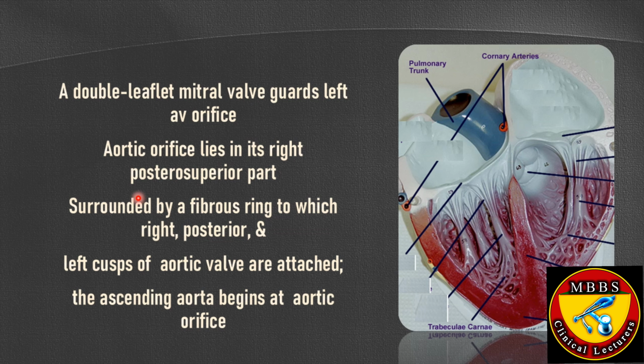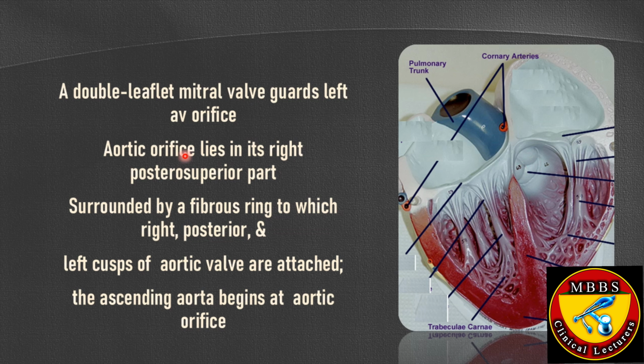Now this is the left side, this is the right side within the right ventricle. So on the left side and more anterior is the mitral valve, right? And the aortic valve is on the right side and more posterior as compared to it.